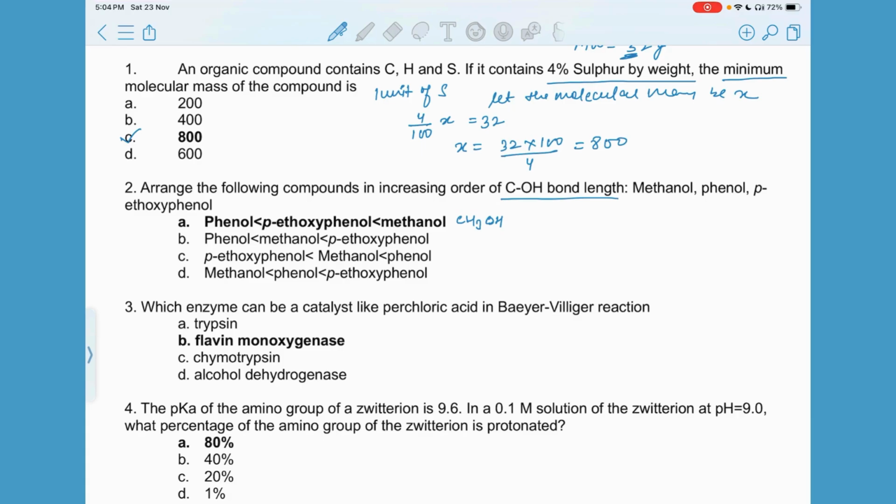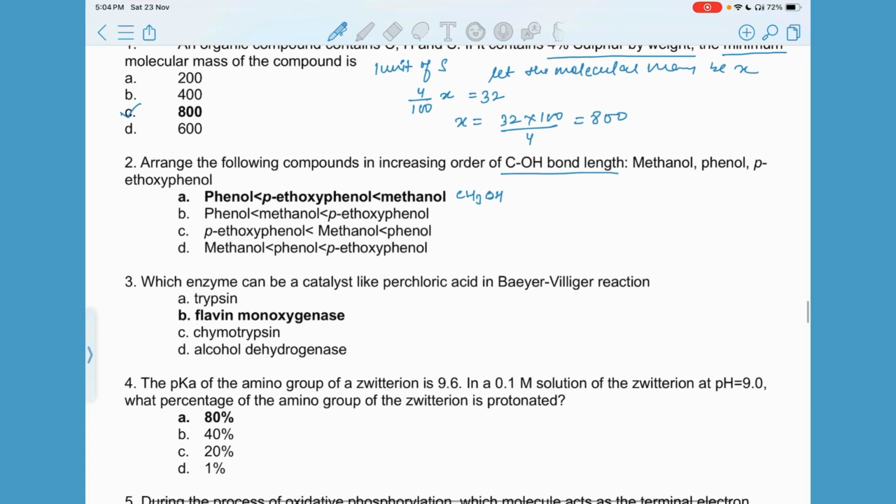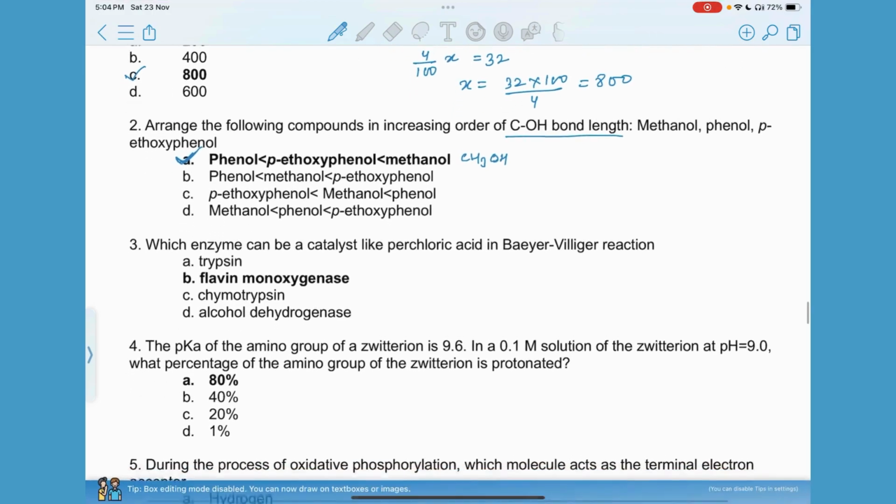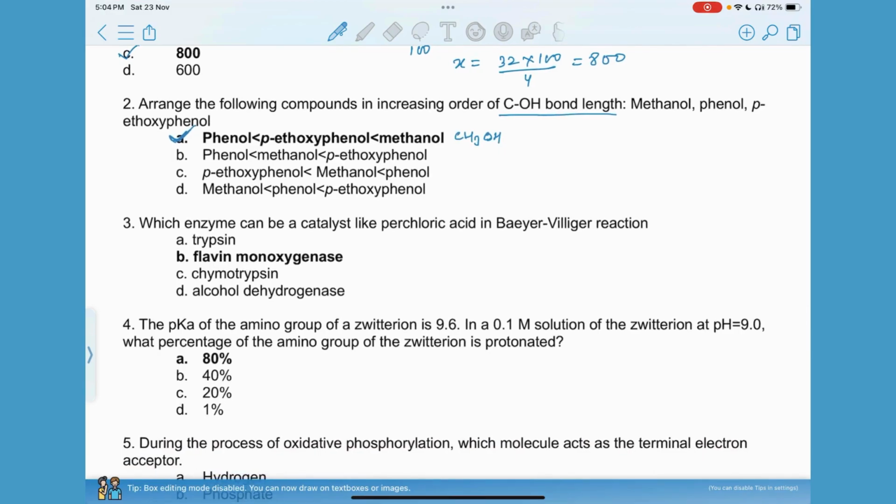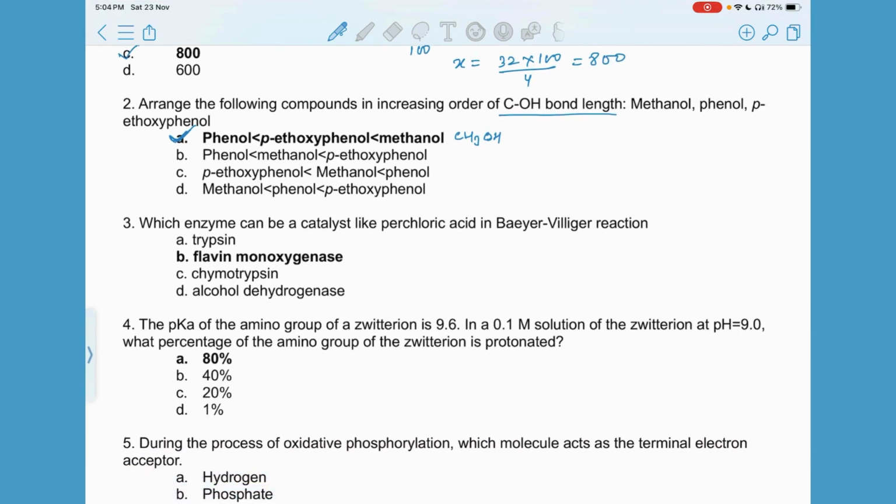So the best option for this will be option number A. If you didn't get it, let me write it, because between the phenol and para-ethoxyphenol, this is having an extra electron donating part.